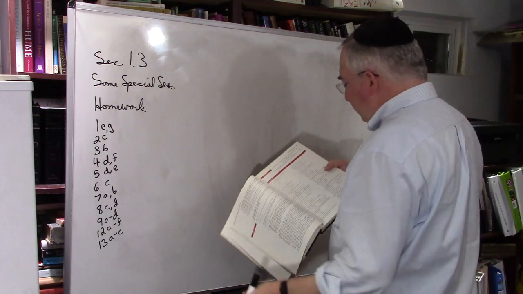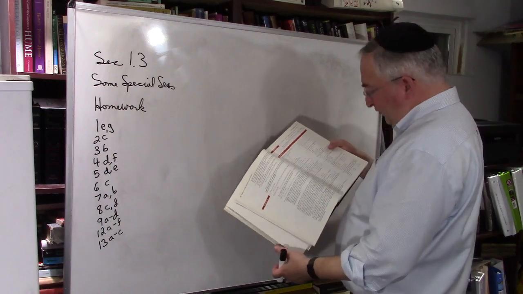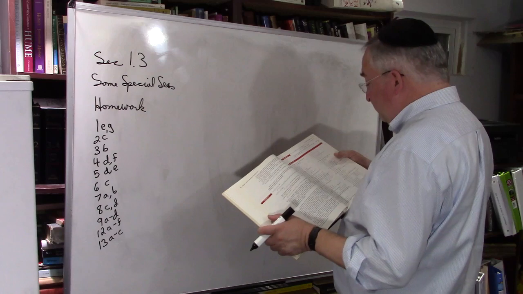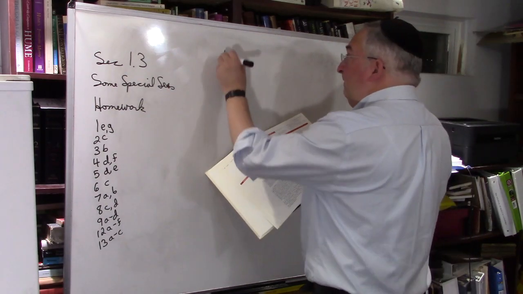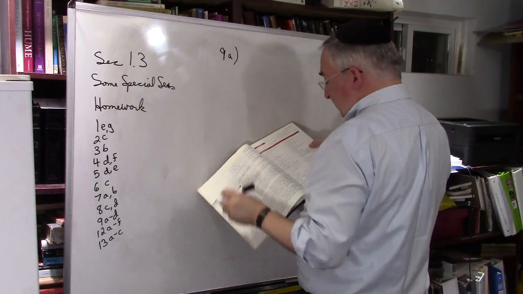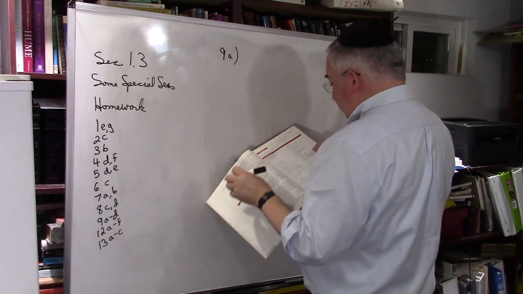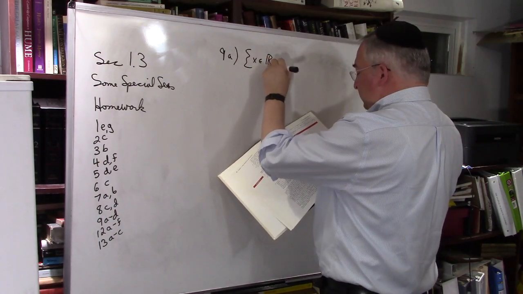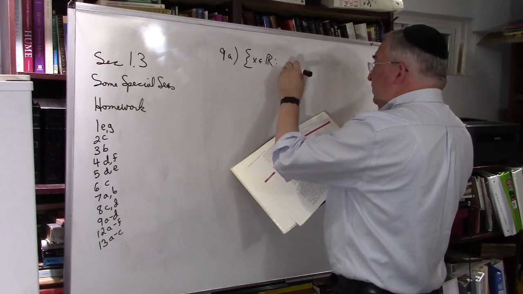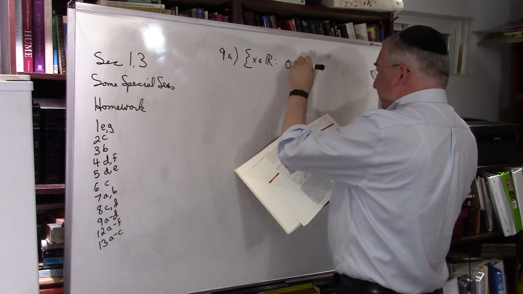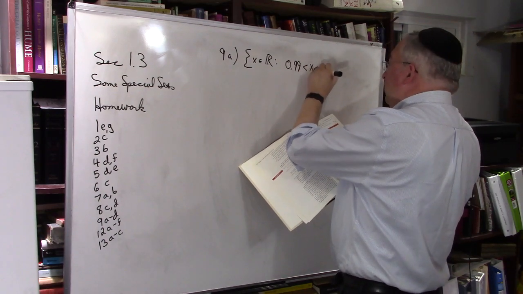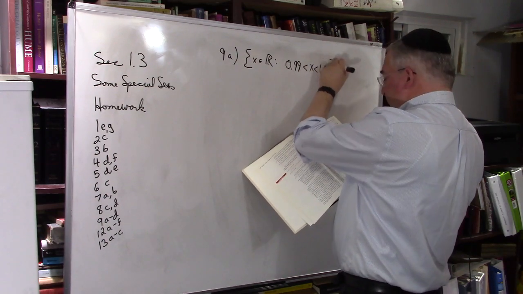Okay, you ready? Repeat exercise 8 for the following sets. How many elements in the following set? Write infinite if the set is infinite. Okay, 9a, from A to D. So let's do it. x member of the real numbers such that 0.99 is less than x, which is less than 1.00.